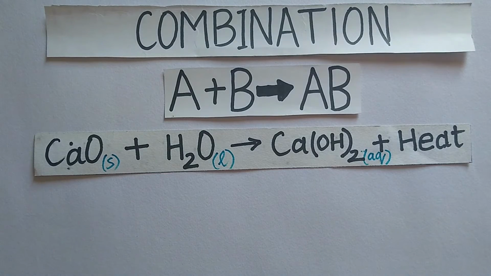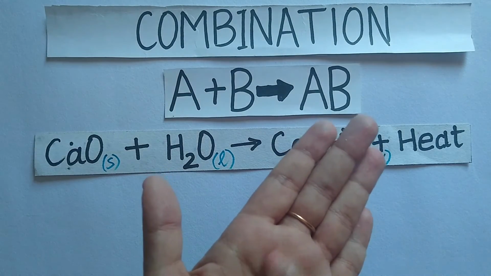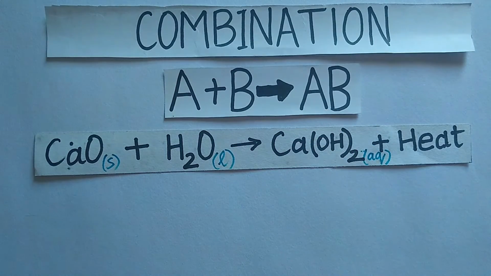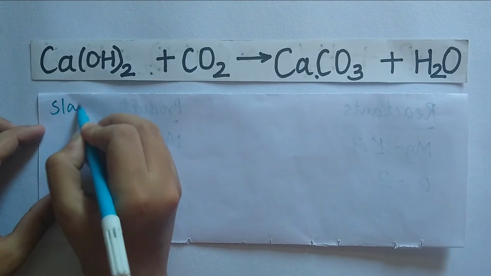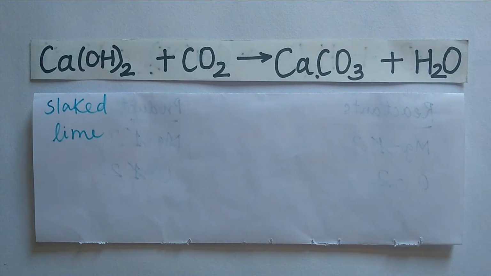If you've seen powder, when it is added with water, it becomes a little mushy. That thing that is formed is nothing but an aqueous solution. So an aqueous solution is something where the solvent is water. Alright? So in the previous example, we got the product as Ca(OH)2, which is calcium hydroxide, also called slaked lime.